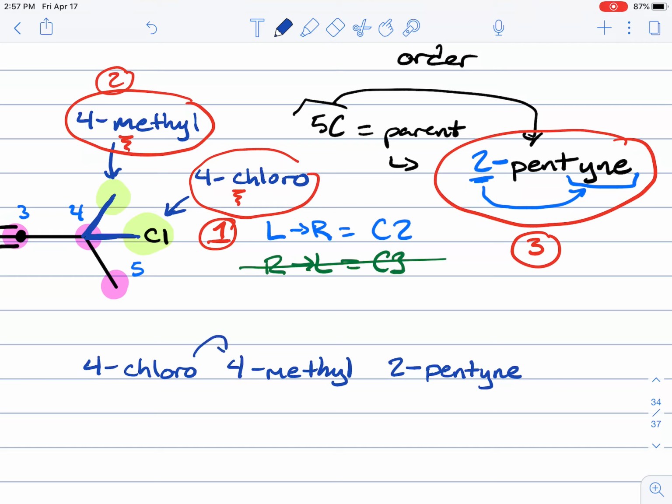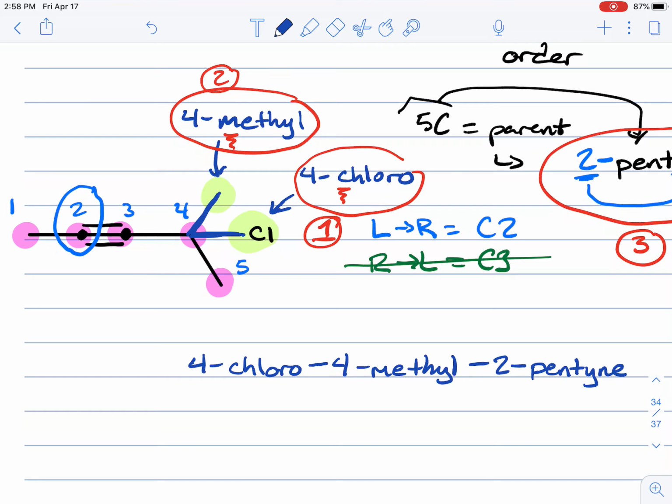And so I'm going from letter to number, I need to put a dash. Letter to number, I need to put a dash. If it's number to number, it's a comma. If it's letter to letter, then there's no dash, no comma, no space. It's all just clumped into one. Okay, so this is the name for this organic compound. 4-chloro, 4-methyl, 2-pentyne.